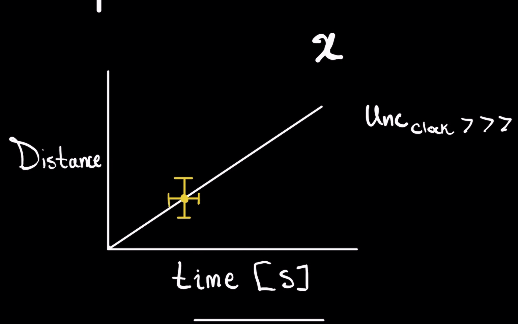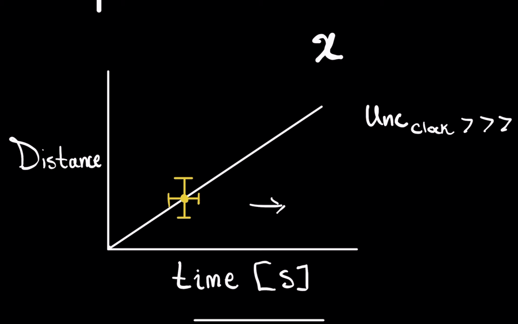That means as time increases, the uncertainty in the time will dominate over the uncertainty of the distance.